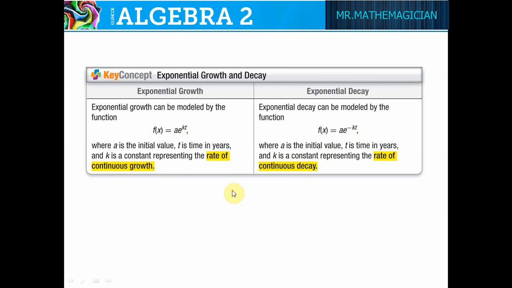Sometimes we can write this rule as y equals a e to the power of kt in the case of growth, and y equals a e to the power of negative kt in the case of decay.